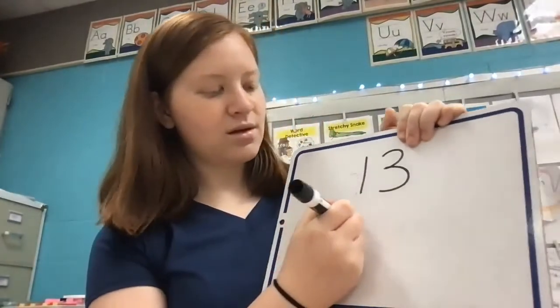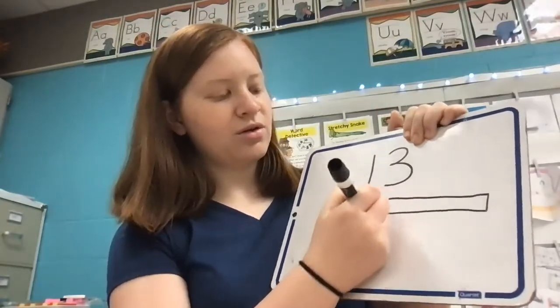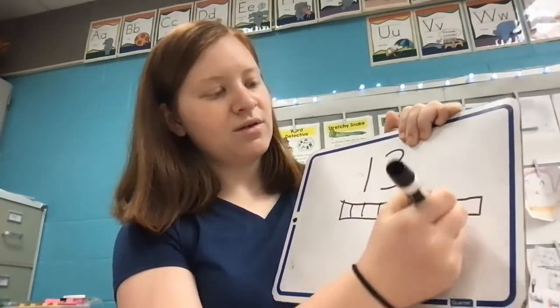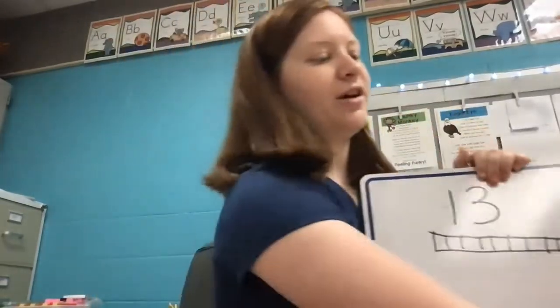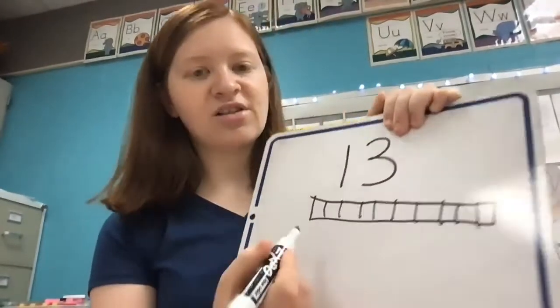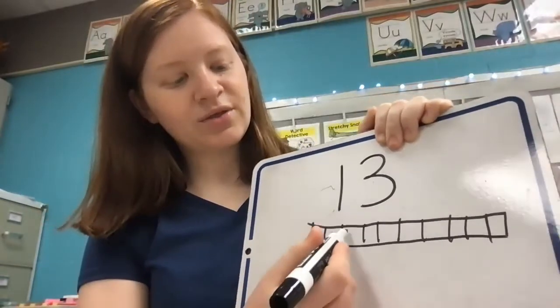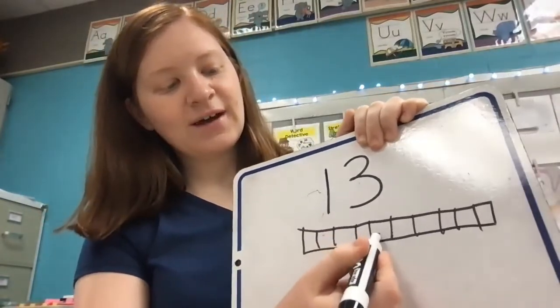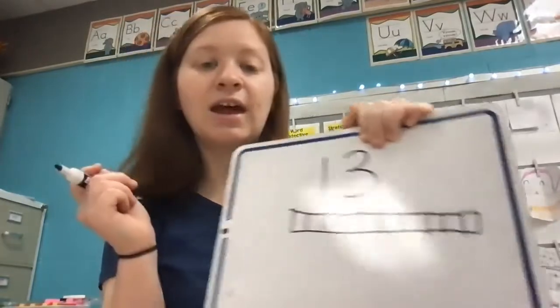So if I were to draw this using our blocks, this is a picture of our blocks. And in our stack of blocks, we have, let's count them together, 1, 2, 3, 4, 5, 6, 7, 8, 9, 10 blocks.